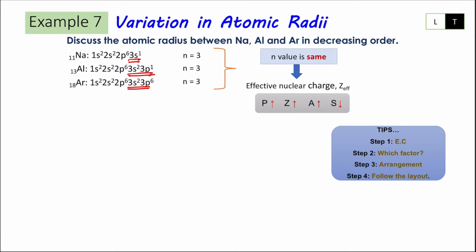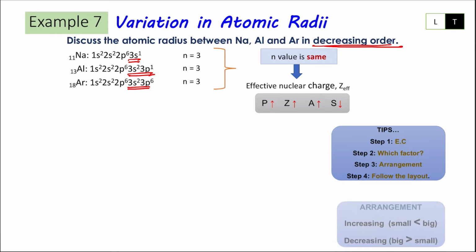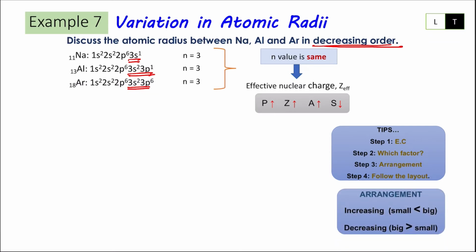Now, we are going to continue for the next part where I need to arrange them in decreasing order. So the question asks specifically for decreasing order. So this is how my tip for you. Sekiranya increasing order, we are going to start with small less than big. If it's decreasing order, we are going to start bigger more than small.